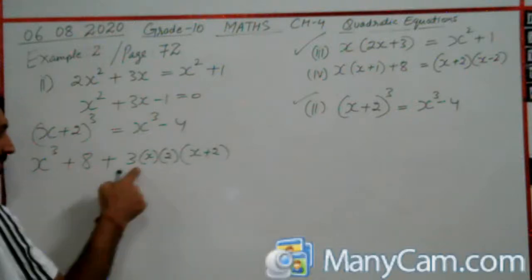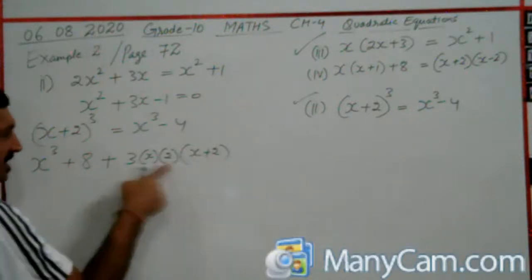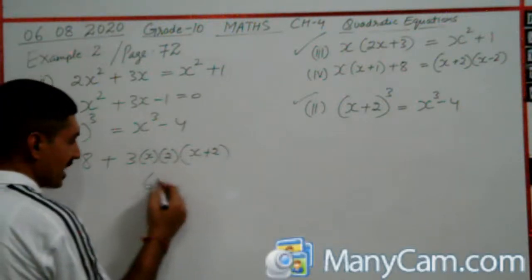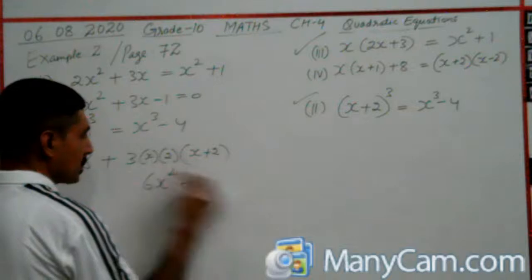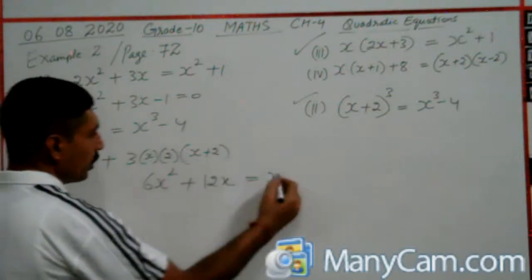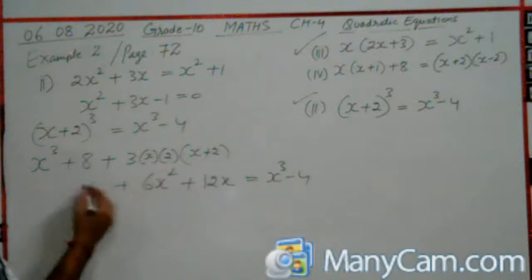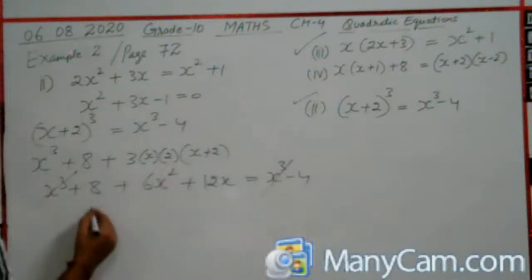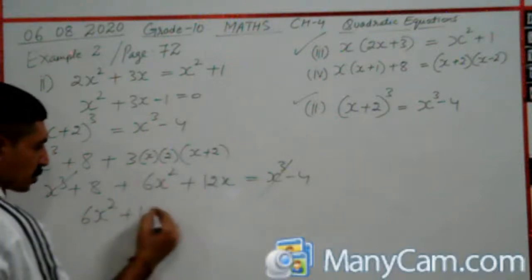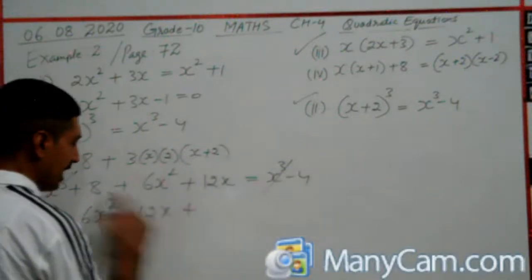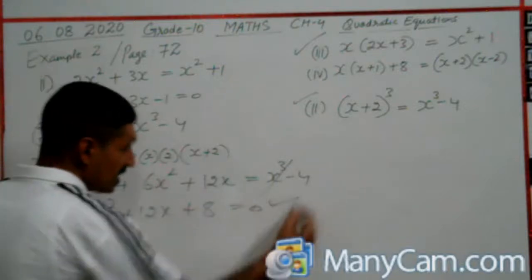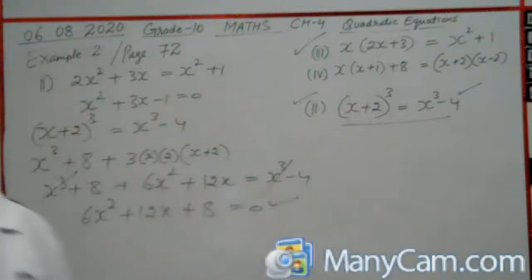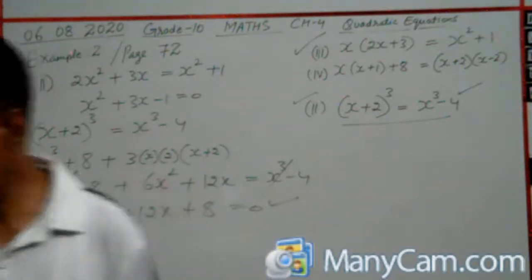Using a cube plus b cube plus 3ab into (a plus b), it is 6x. So here we have 6x square plus 12x is equal to x cube minus 4, and here we have 6. So the x cube gets cancelled. We have 6x square plus 12x, and here 8 plus 4 comes. So this second part is also a quadratic equation, right?